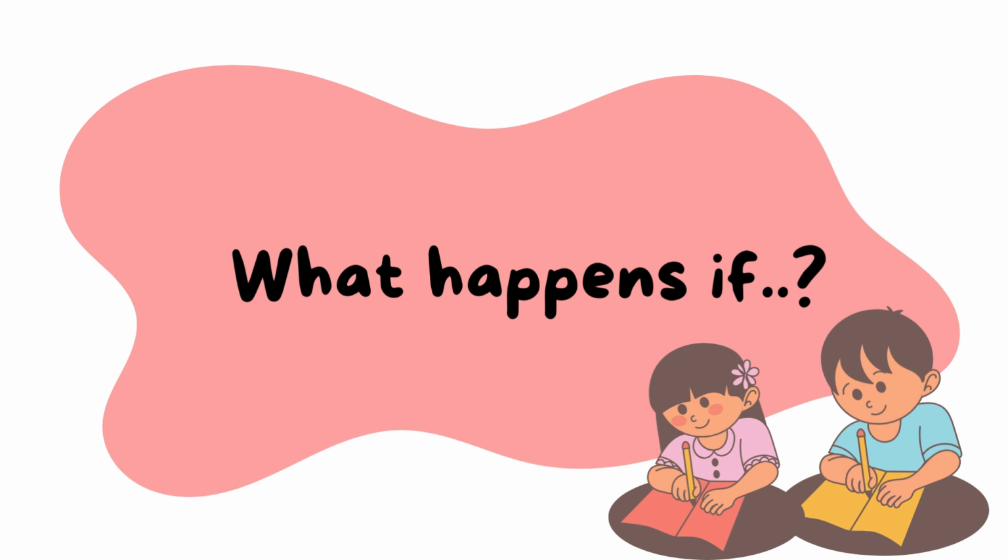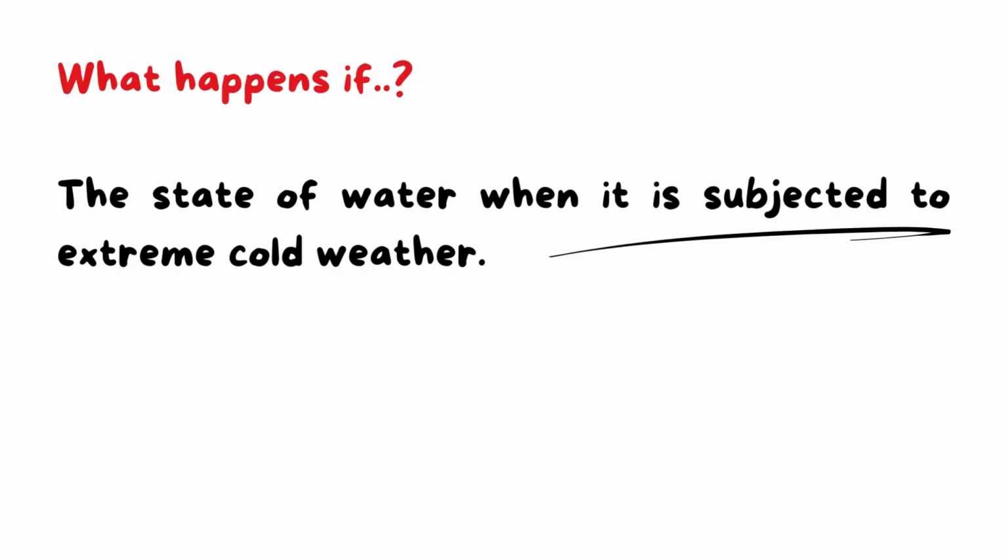We will move to another type of question, which is what happens if questions. Okay, first we have: what happens to the state of water when it is subjected to extreme cold weather? Here, subjected means exposed.